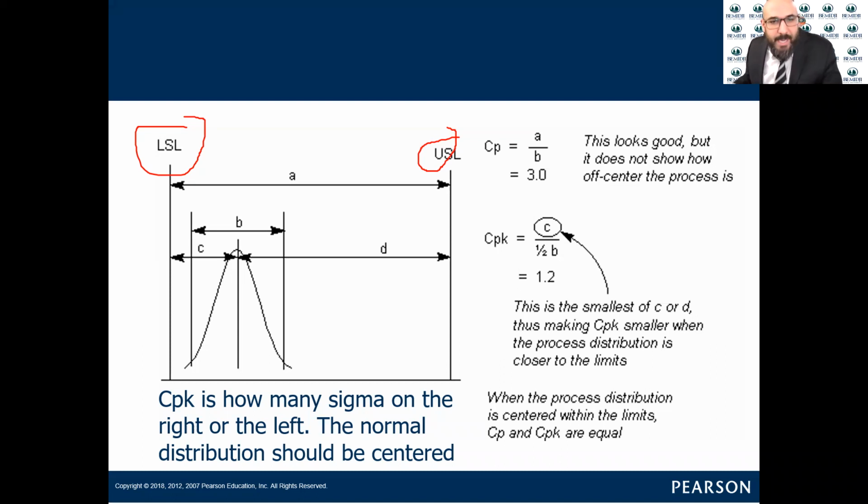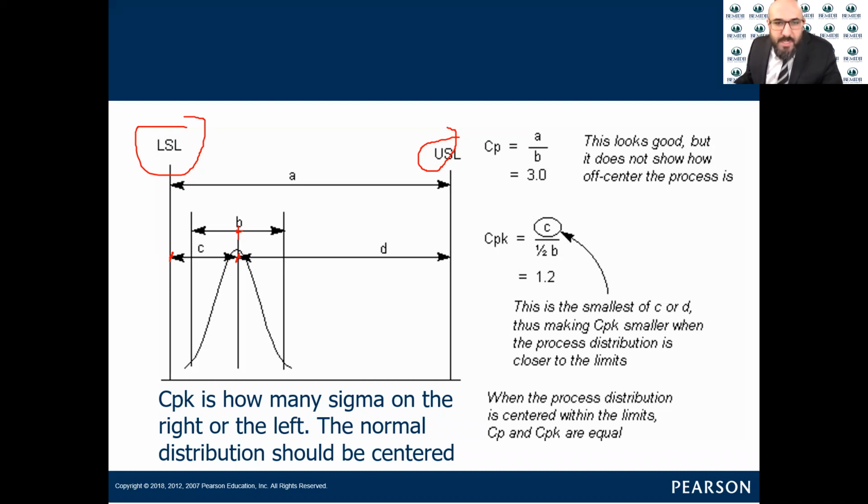However, the CPK is C right here, the distance from here to here, divided by half of B. That would be to figure out whether the process is centered or not.